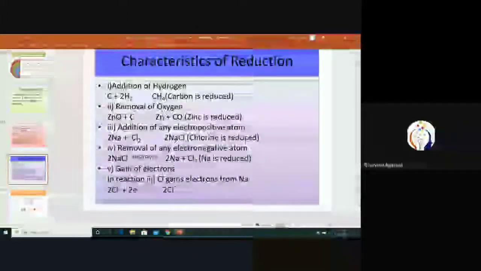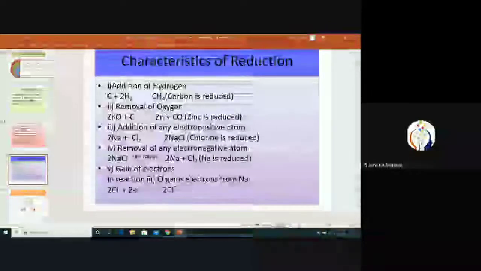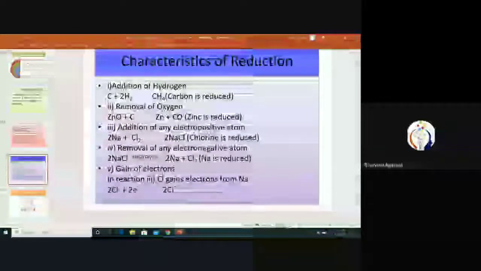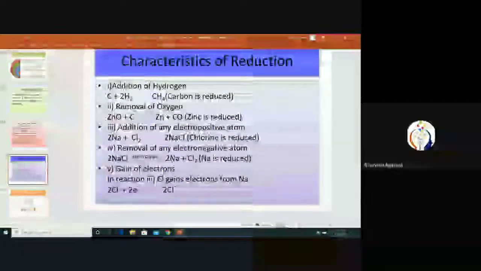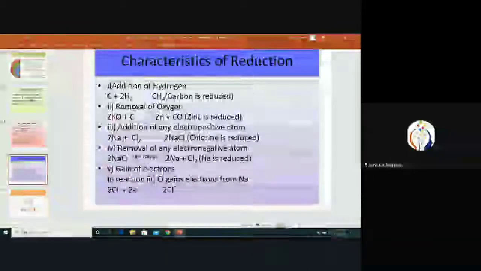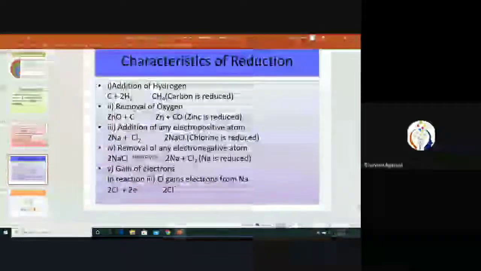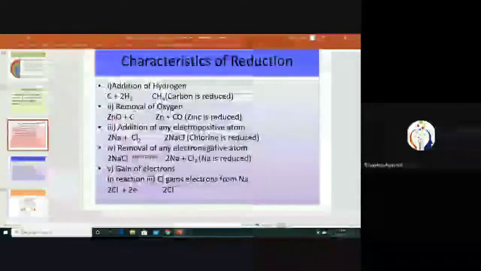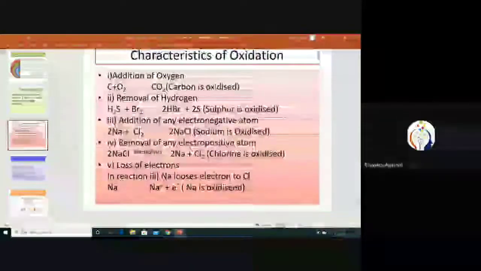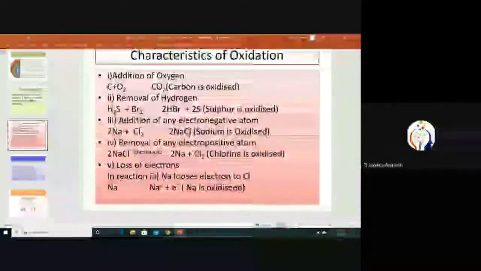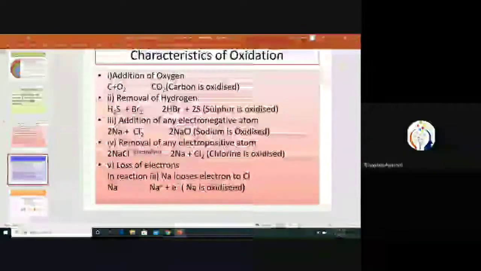Similar to hydrogen, the addition of any other electropositive atom is also a sign of reduction. The same reaction I have taken over here. If you again see it, in this case, sodium gets oxidized by the addition of chlorine.